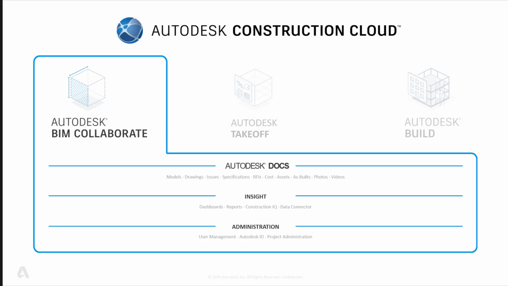We recently announced 3 new additions to the Autodesk Construction Cloud: Autodesk Build, Autodesk Takeoff, and Autodesk BIM Collaborate. Built on a unified platform and common data environment, the new modules empower general contractors, special trades, designers, and owners to drive better business outcomes.